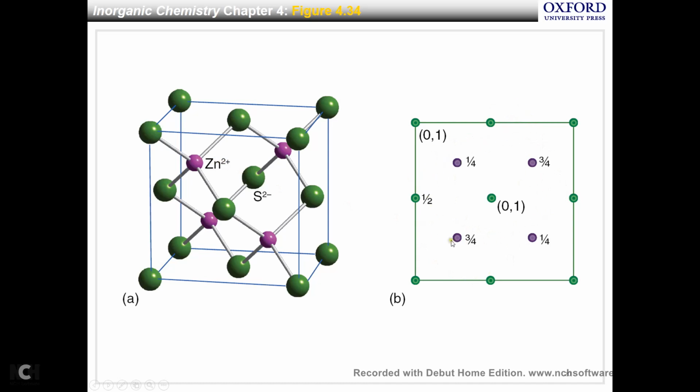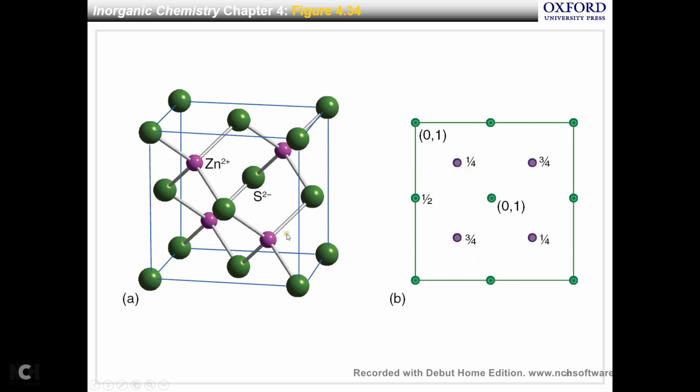two-dimensional projection over here, and now we have to look at this too. If you look at this, they have a height of a quarter C, and this one a quarter C. So along this diagonal, a quarter C, a quarter C. And now these two have a height of 3/4 of C. So 3/4 of C and 3/4 of C. So these 4 lattice points are zinc 2 plus.